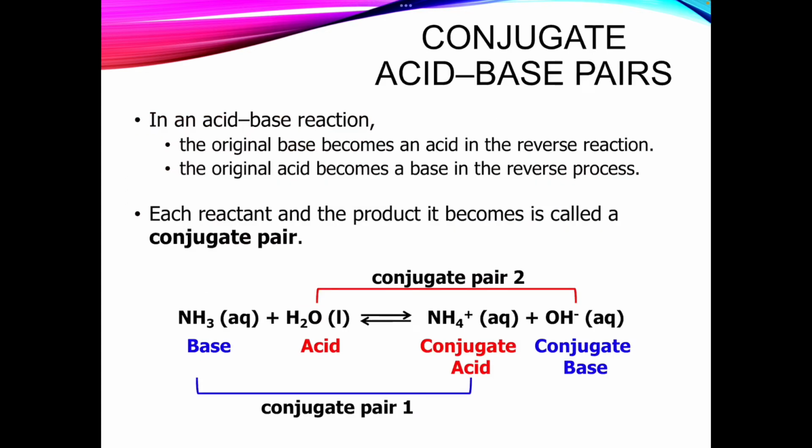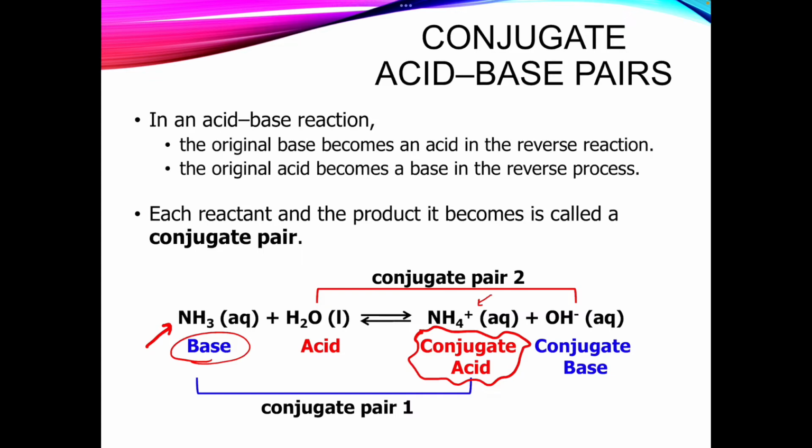So let's look at this. Here we have ammonia, which I told you was acting like a base in that previous problem. The reason we know it's acting like a base is because during the reaction, it gained a hydrogen. We increased the number of hydrogens here and it got a positive charge. So we know our base turned into our conjugate acid because it gained a hydrogen.